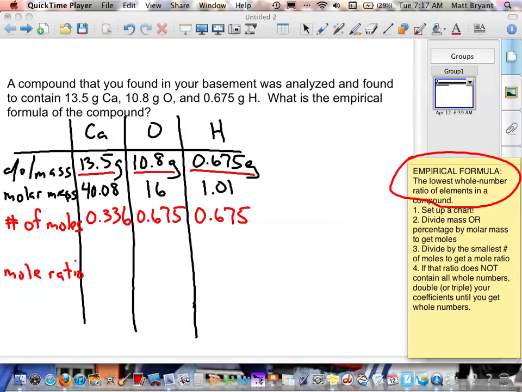And so what we're going to do to make that happen is divide by the smallest number of moles. So we're going to look at the row above, the number of moles, and figure out which one has the smallest number of moles. I hope you can see by now that it's the number of moles of calcium. So we're going to divide all of these values by 0.336.